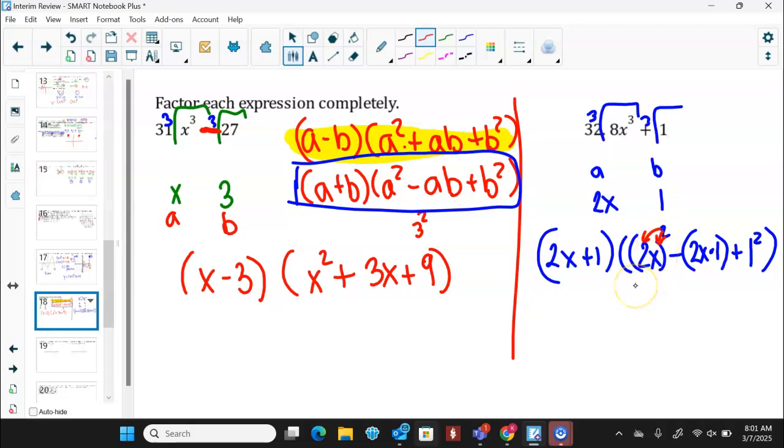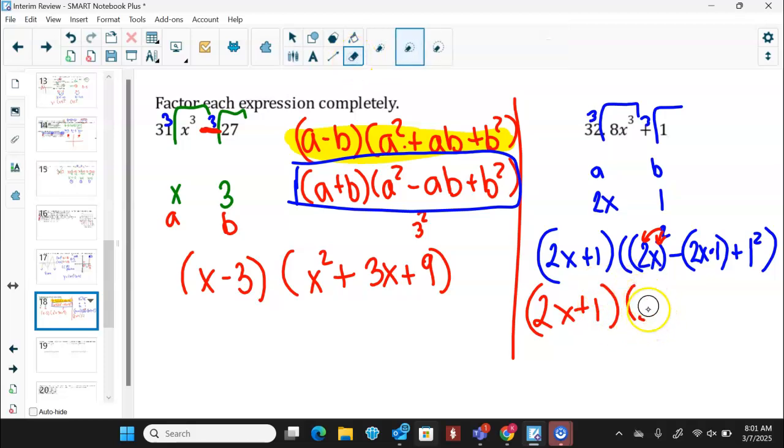And you can also use, if you have ABC answers, you can check the answers to compare them in Desmos, right? Plug in the answers and plug in the question. So this is going to end up being 2x plus 1. And then here you're going to get 4x squared minus 2x plus 1.